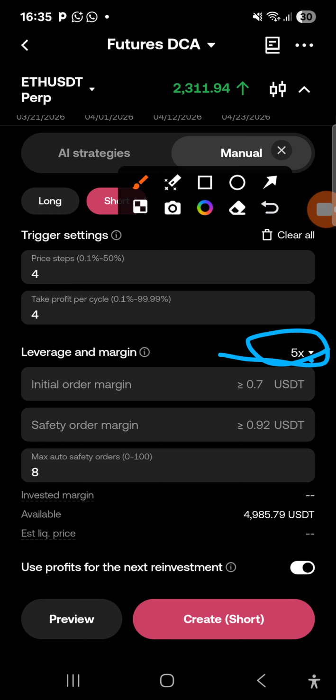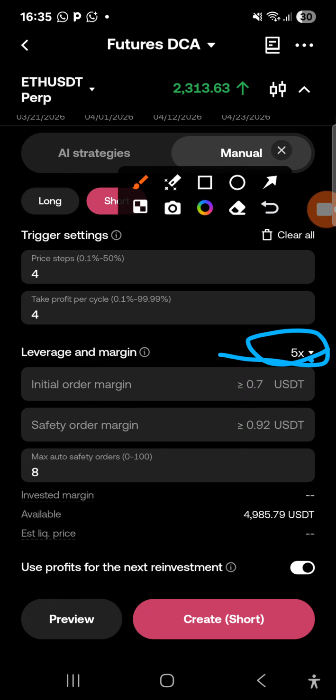Another one: trade with money that you are willing to lose. Don't trade with money used for home emergencies and your usual life emergencies. Use money which you're not using at that time.